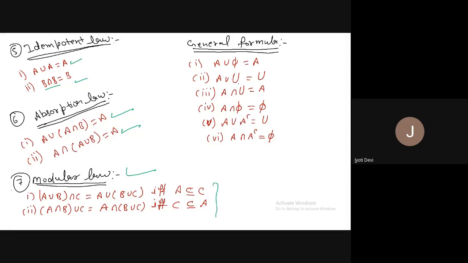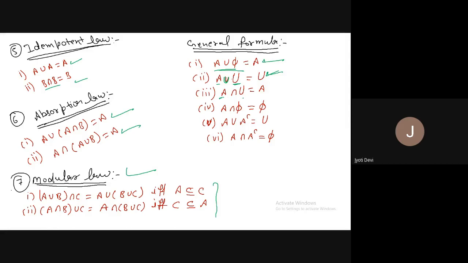And some general properties that are frequently used, some general formulas. A union with phi, we get the result A. Set A union with the universal set, in result we get the universal set.